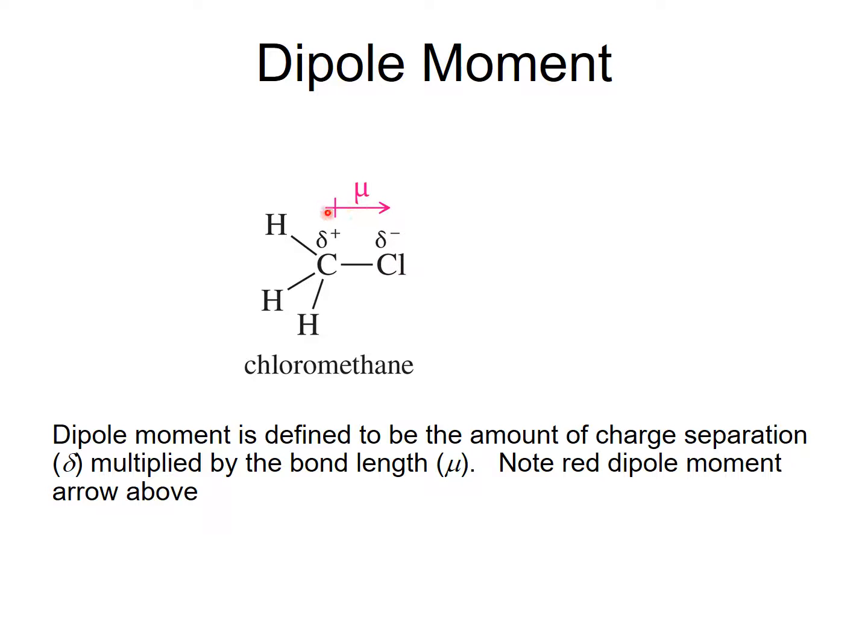This is a dipole moment arrow. It has the positive end of the arrow where you have the partial positive charge, and the point of the arrow is at the partial negative charge. This is the symbol for the dipole moment, and you can always draw dipole moment arrows for any bond that is polar covalent.